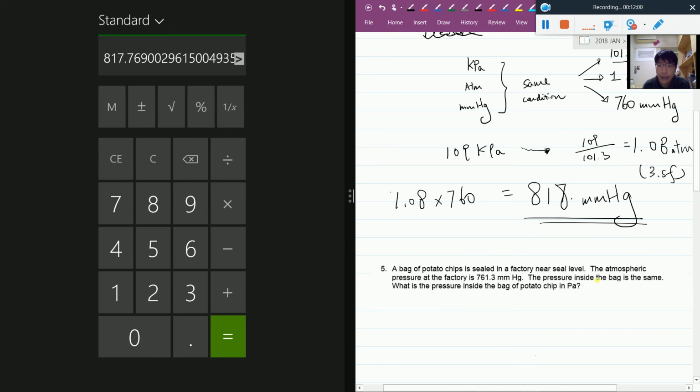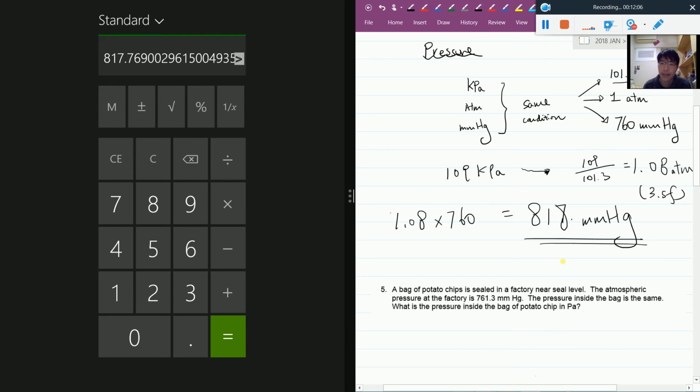Then how can you convert that into Pascal or kilopascal? Kilopascal means 1,000 Pascal, so it doesn't matter too much. It's like gram or kilogram, so it's just a 1,000 times difference.